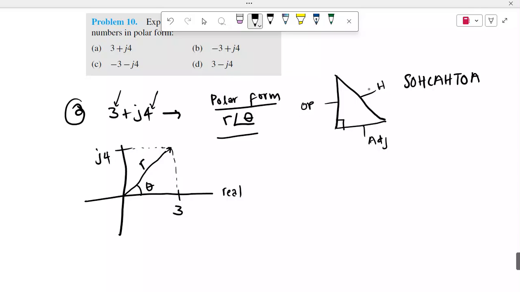Okay? So this, we know how, then we also remember our Pythagoras theorem. If this is A, this is B, this is C. If we want to find A, we know A squared equals B squared plus C squared. Yeah, we remember this Pythagoras theorem. So this is SOHCAHTOA.